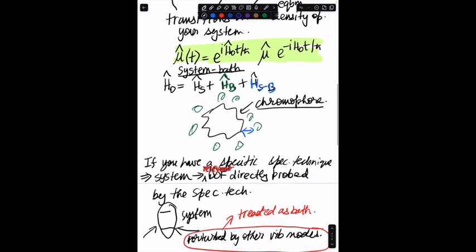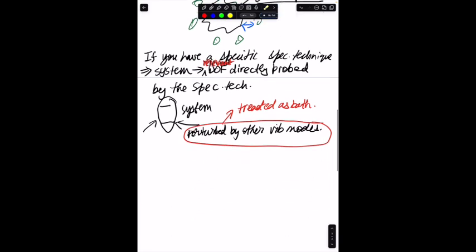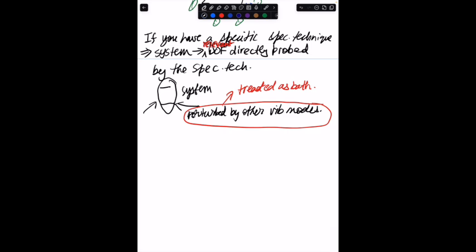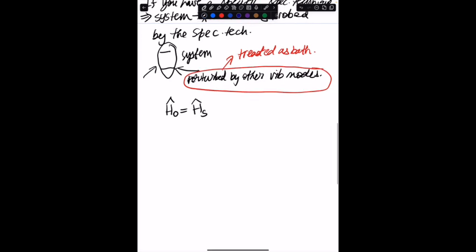What that means is later on, we will incorporate the bath, and as a consequence, you will have some system bath interaction. So these components will be introduced later on into our formalism. So let me repeat, as of now, in our formalism, we are restricting the matter system to the system Hamiltonian.